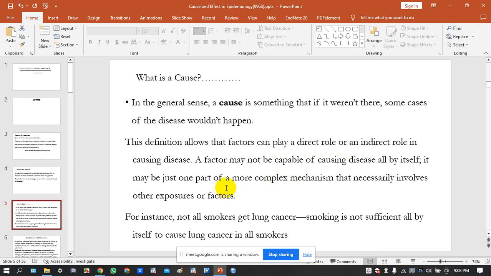It may be just one part of a more complex mechanism that necessarily involves other exposures or factors. So what it means is that for somebody to contract hypertension or diabetes, it is not only one risk factor that can cause the disease. A whole lot of factors. I mentioned about four of them.